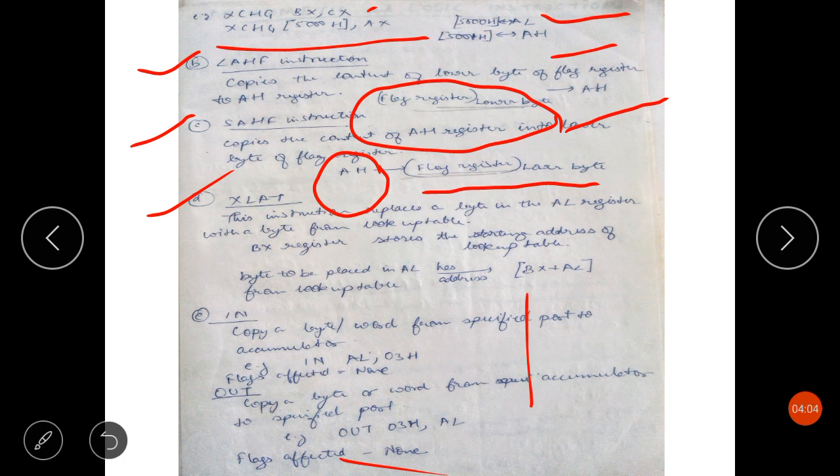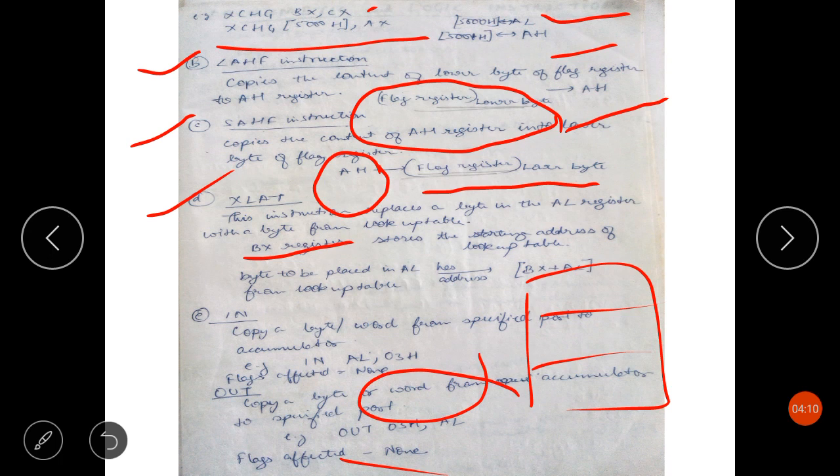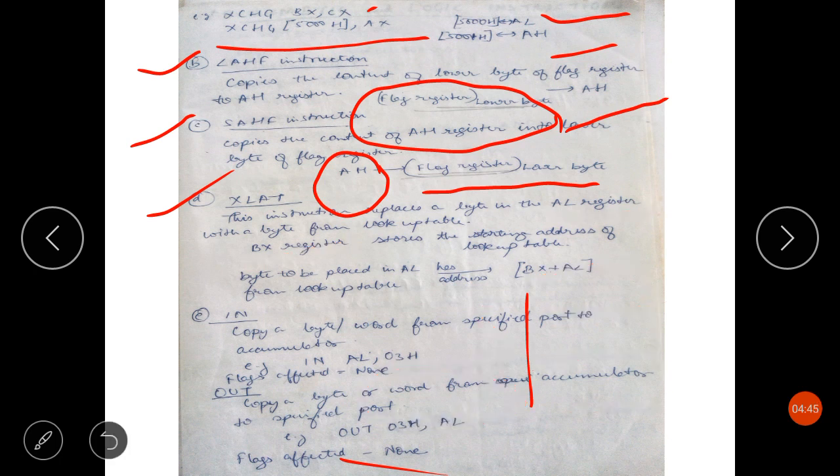The starting address of the lookup table will be given by the BX register, and the actual address from where the microprocessor is going to take the byte and store it into the lower byte of the accumulator will be obtained by adding the starting address of the lookup table with the AL register. Then we will get the actual address of the content, and that operand will get stored in the lower byte of the accumulator.